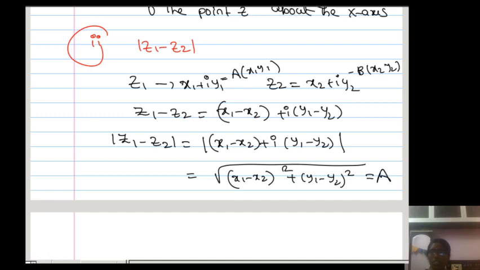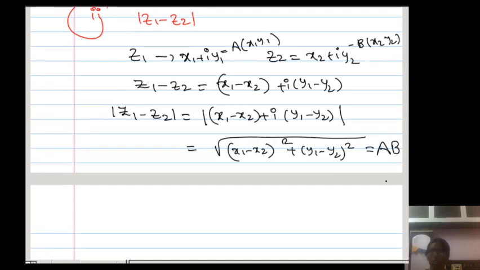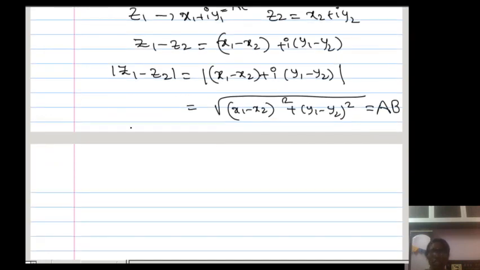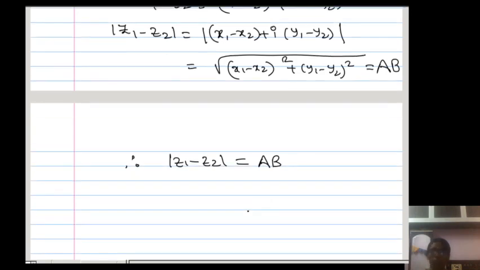It represents the distance between A and B. Now what is the formula for mod Z1 minus Z2? By the above, mod Z1 minus Z2 is equal to AB, where A represents Z1 as (x1, y1) and B represents Z2 as (x2, y2). So mod Z1 minus Z2 represents the distance between A and B.